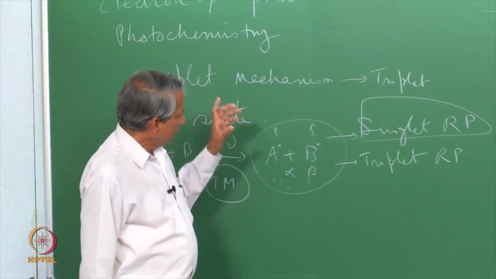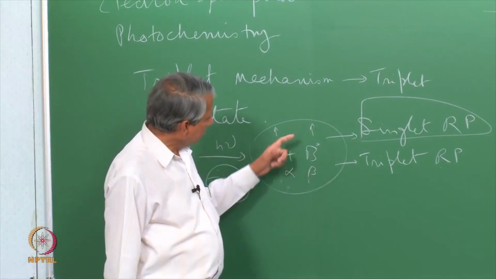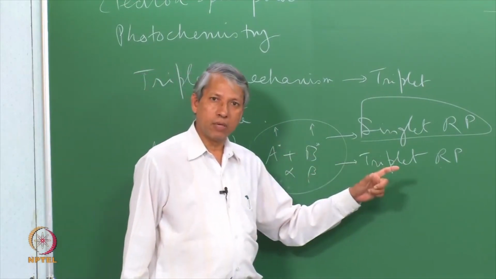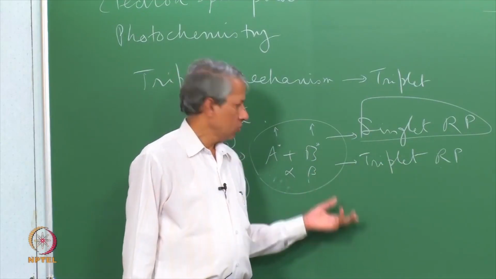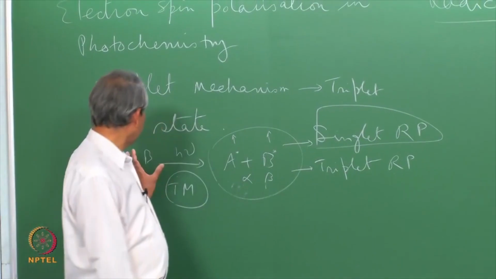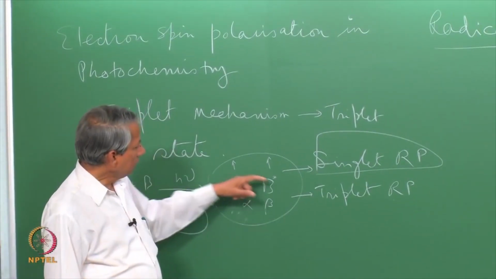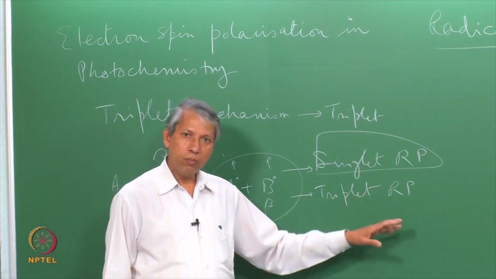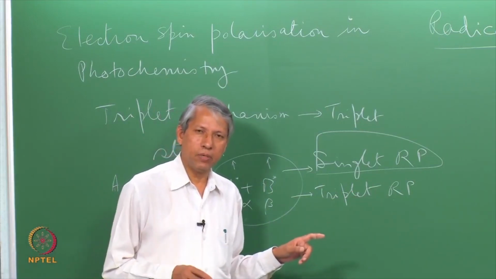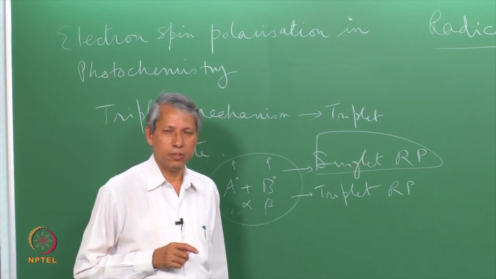So, those radicals which get converted to the triplet nature, they will survive, and those which are not, they will die away. So, the survival probability for a singlet radical pair depends on how quickly they evolve to a triplet radical pair, and they will be seen as the free radical, free from each other, and detected in the spectrometer.